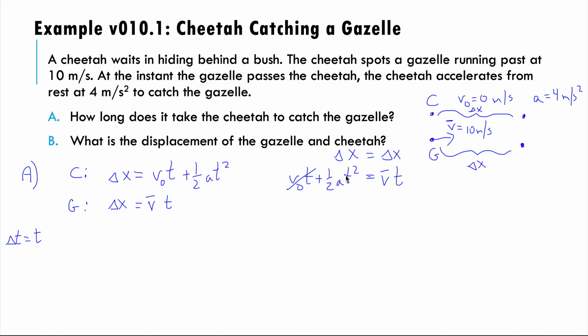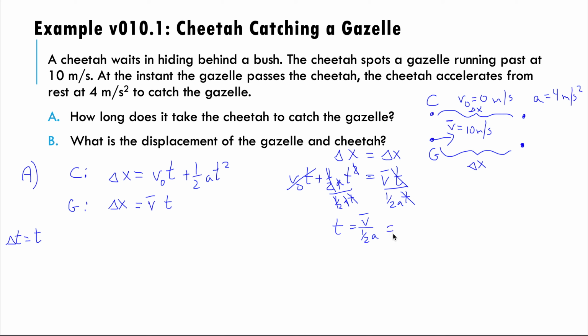And now, to solve for time, we can divide both sides by 1/2 a t, and we're going to cancel out everything except one t, and we're going to get t is equal to the average velocity over 1/2 times the acceleration.